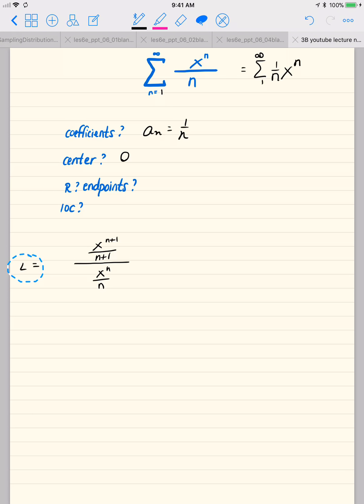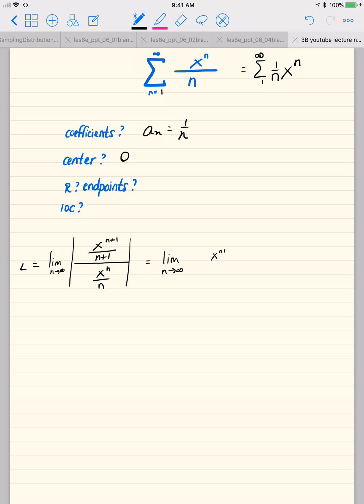So L is equal to the limit as n goes to infinity of the absolute value of the ratio of consecutive terms. And so this is going to be equal to the limit as n goes to infinity. Now, let's see here.